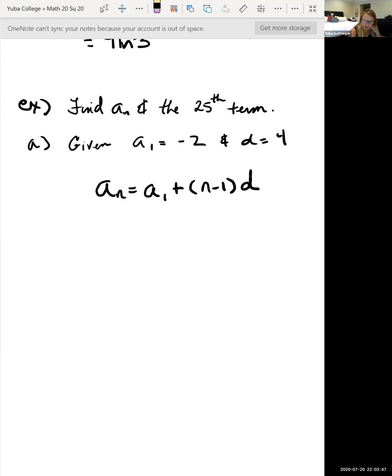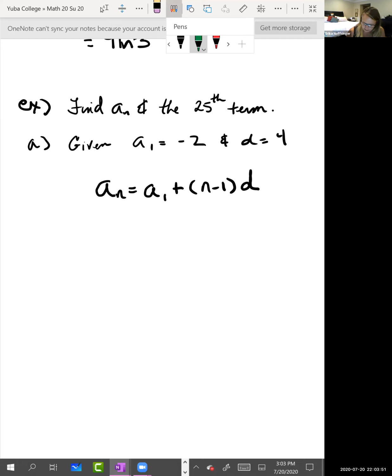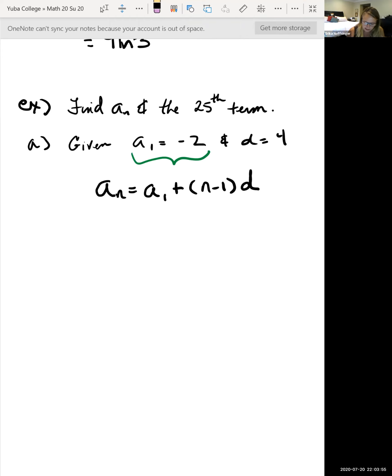So basically, we can now figure out what the nth term is. We know what a sub 1 is. We're given a sub 1, so we can plug it in here. And we're given what d is, and d is 4. So we know that a sub n is equal to the first term plus n minus 1 times d.